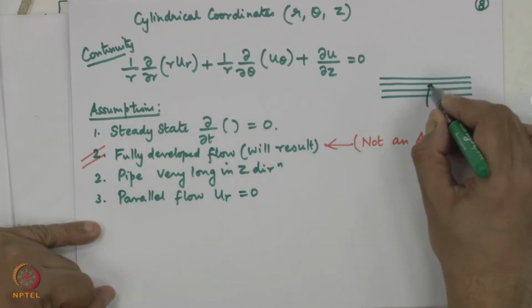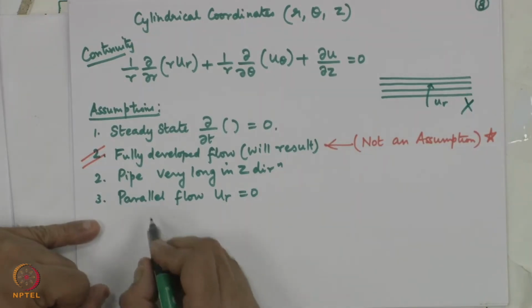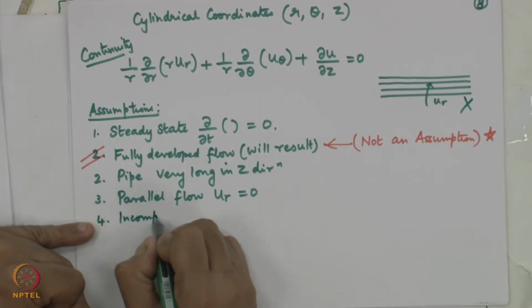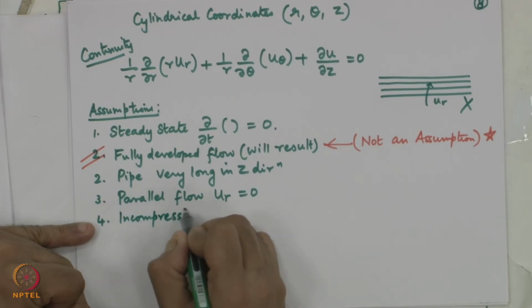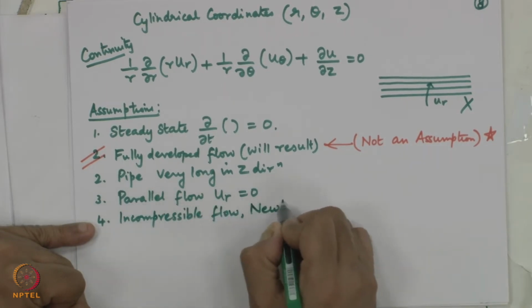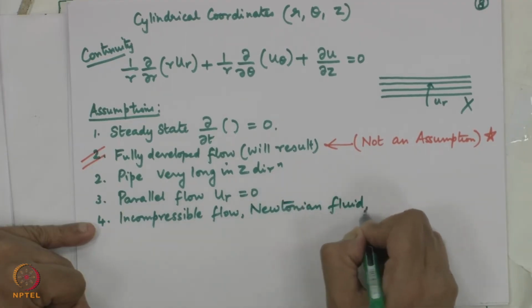You do not have any velocity in this direction. Then, incompressible flow, Newtonian fluid and constant properties.